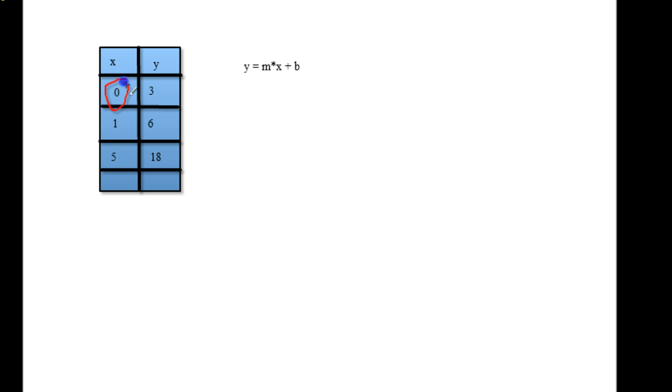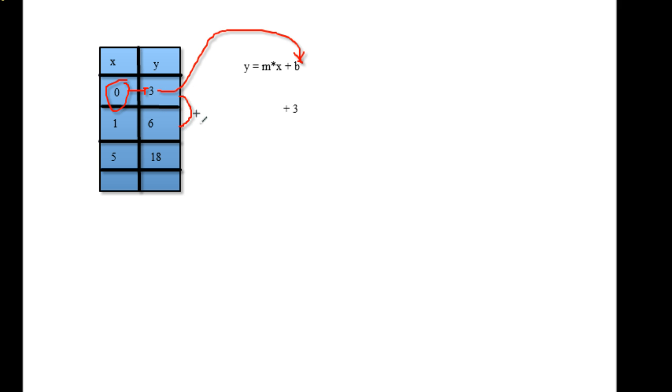Whenever x is 0, and if x is not 0, you do have to make it 0 for this to work, this right here is going to be your y-intercept. Simple as that. So I can rewrite this as plus 3, because I definitely know that number.